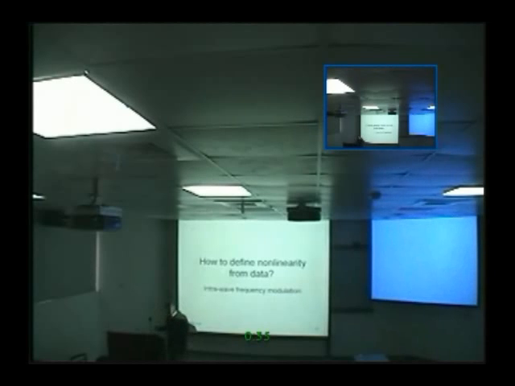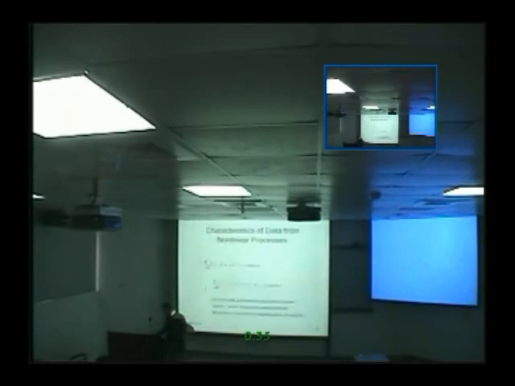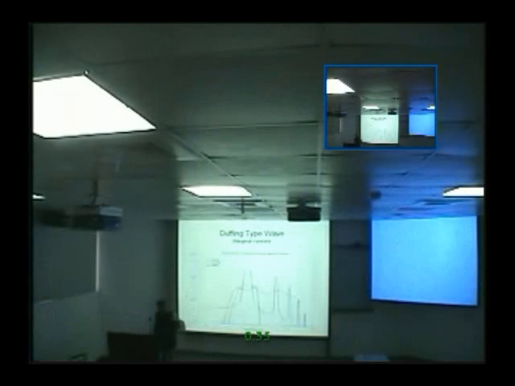How to define nonlinear? We have already covered that. It's by this intrawave frequency modulation. I think we don't have to cover that. See, this is the pendulum. For the nonlinear, instead of harmonics, we're looking for the broadening of the fundamental peak. Why is this better than harmonics?